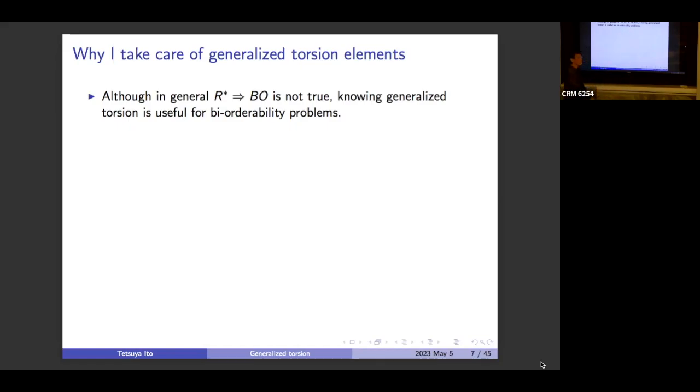However, in many applications or theoretical situations, we are actually checking the R star property. So although generalized torsion does not solve the bi-orderability problem, knowing generalized torsion elements is a first and useful step to study whether a group is bi-orderable or not.